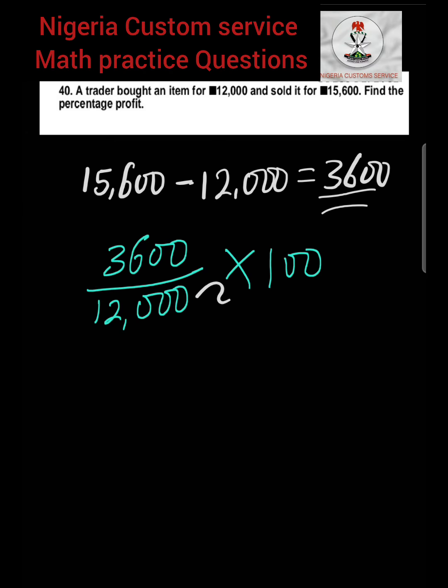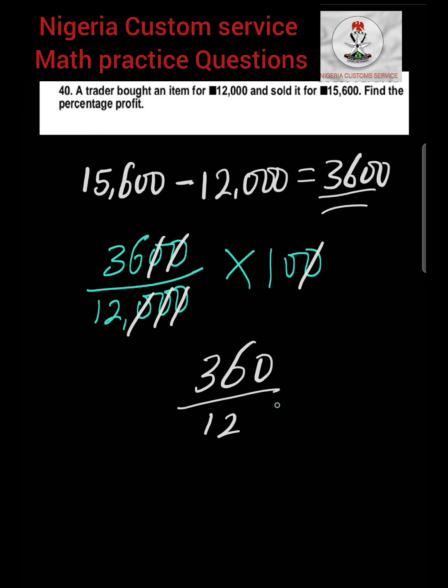So now we need to cancel out. This 0 is going to cancel this 0, this 0 will cancel this 0, then this 0 is going to cancel one of these 0s. 36 multiplied by 10 is going to give us 360 divided by 12, which is going to give us 30%. So this is how to answer this question.